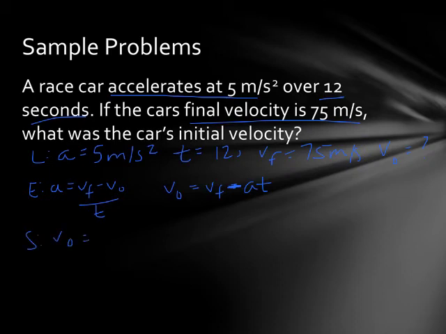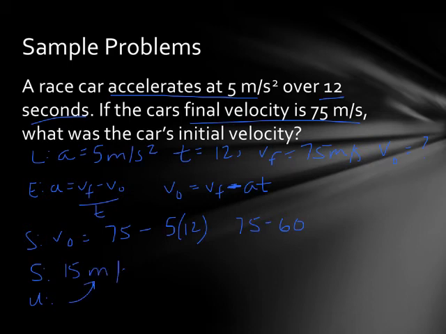V0 equals 75 minus 5 times 12, which is also 75 minus 60, which leaves you with 15. And we are solving for V0, so your units should be velocity units, or meters per second.